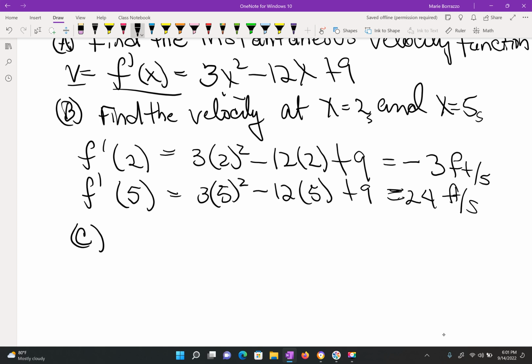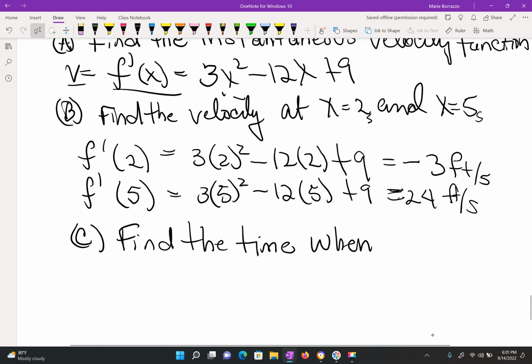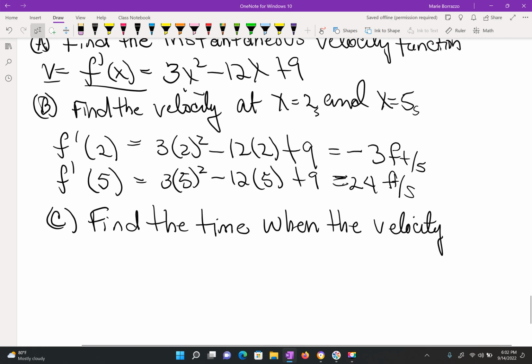And so if we take our value, and since we're looking at, it's saying find the time when the velocity equals 0, or is 0.